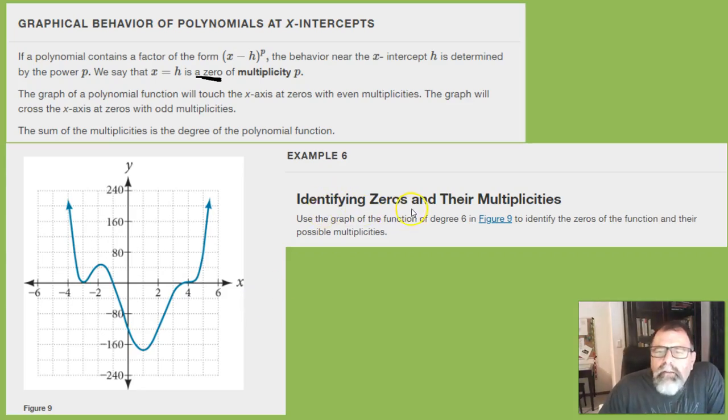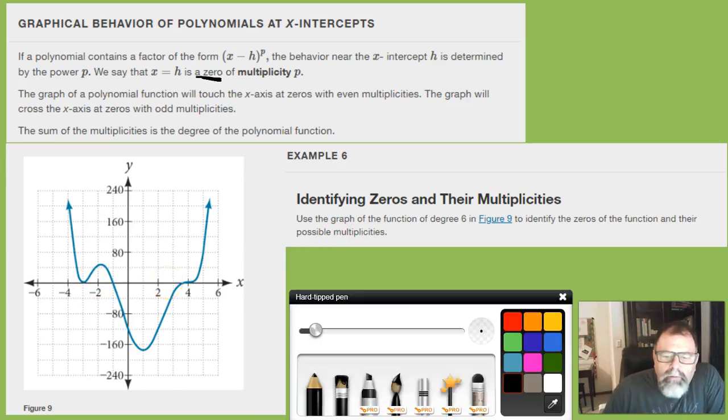Example 6, identify zeros and their multiplicity. Use the graph of the function of degree 6 in figure 9 to identify the zeros of the function and their possible multiplicities. So all we do is remember the zeros.